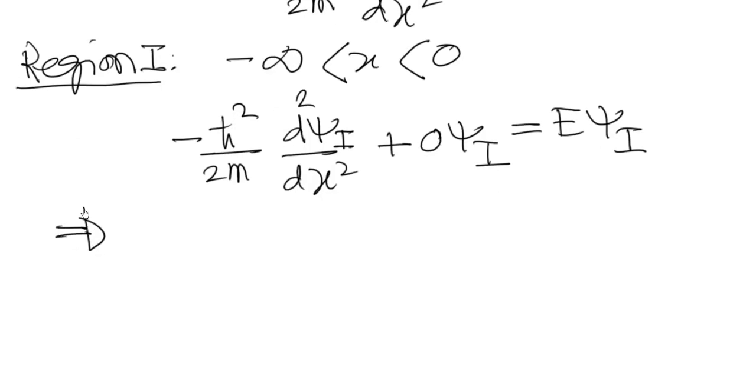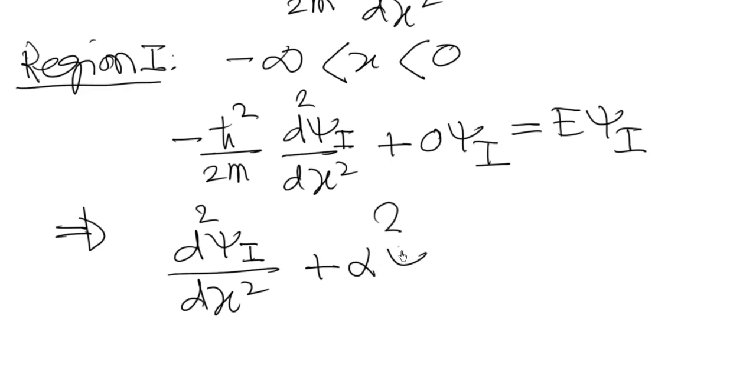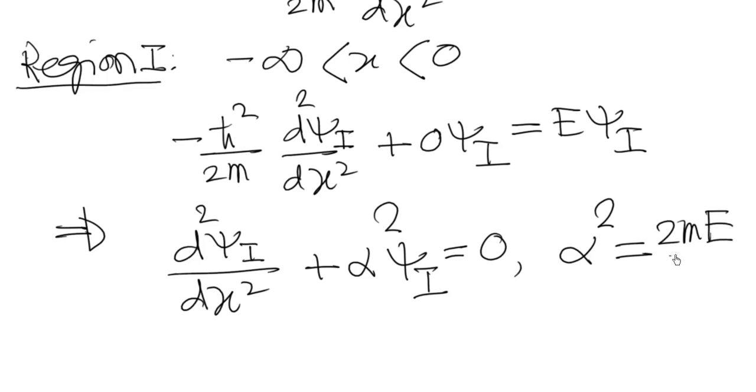This equation can be simplified to this, where alpha square equal to twice mE by h bar square, where m is the mass of the particle.